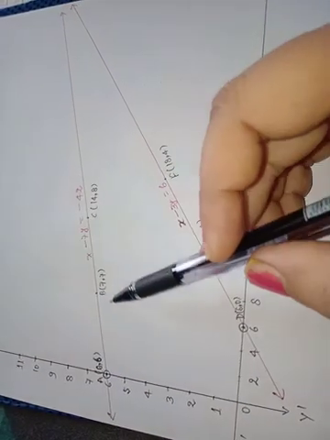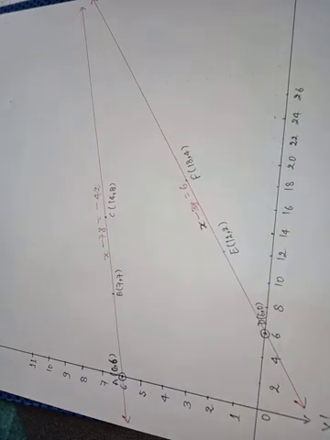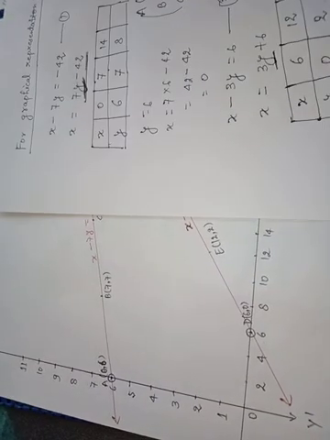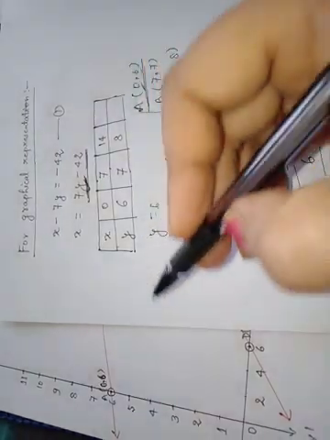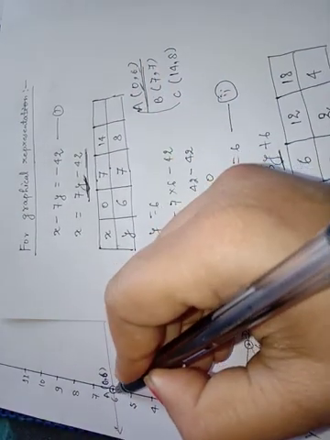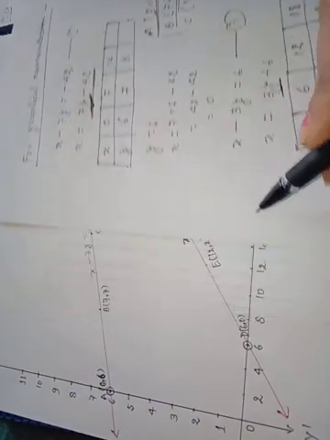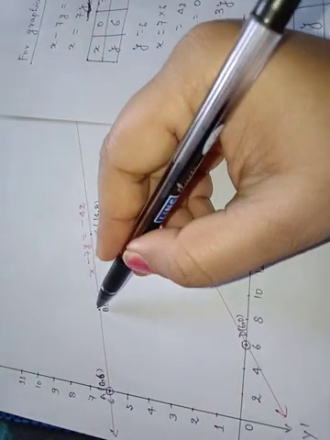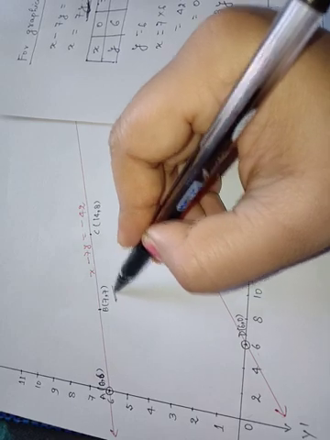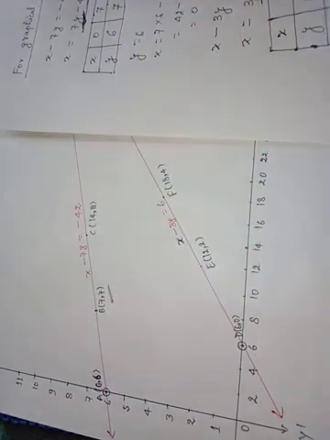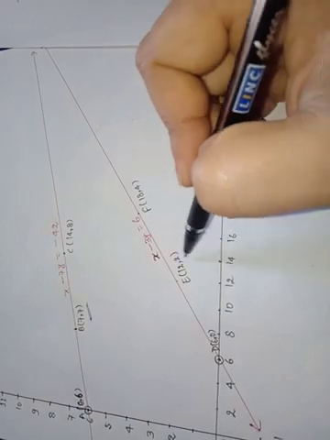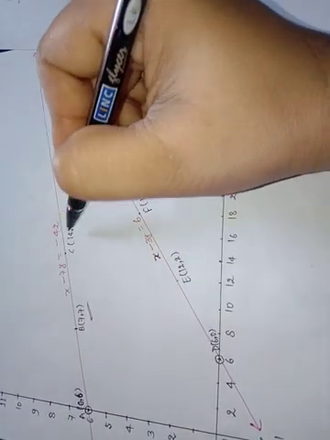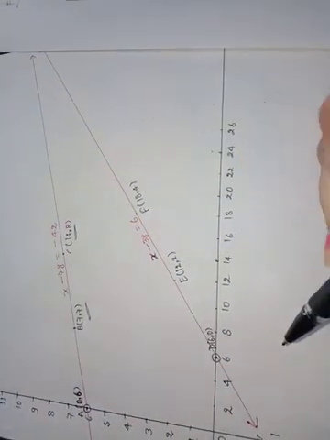Here I have represented the coordinates of the first equation: A (0, 6). Now B (7, 7), and C (14, 8).